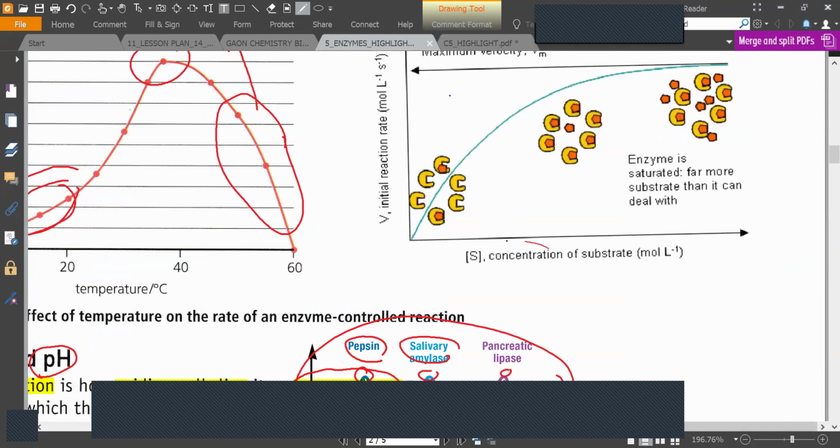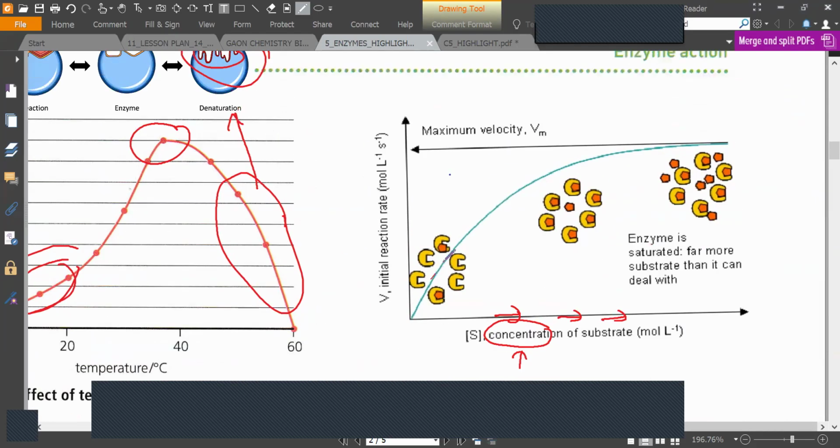The other one is concentration. So when we increase the concentration, we can see the rate of reaction will increase, because we have more enzyme substrate complex formed. When we have more substrate, we will have more enzyme substrate complex formed. But when we have too much, can you see?